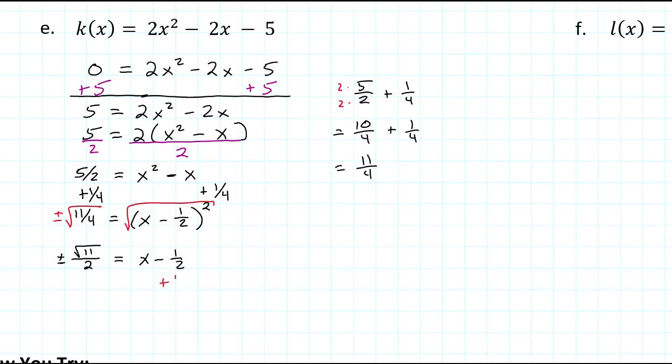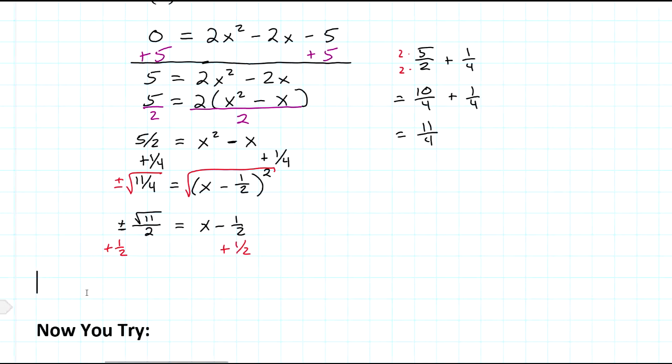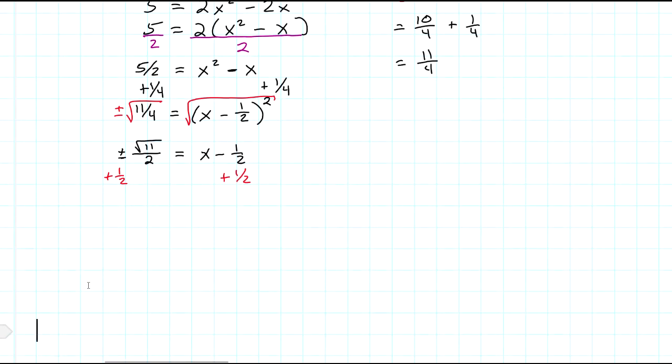We'll go ahead and add that 1/2 to both sides. And we will get 1/2 plus or minus the square root of 11 over 2 equals x.